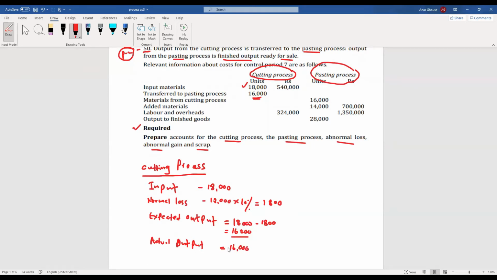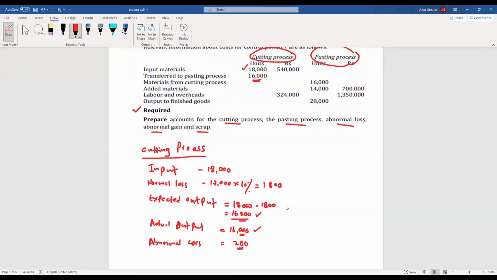So basically we were expecting 16,200, whereas our actual output is 16,000. Therefore there is an abnormal loss of 200.